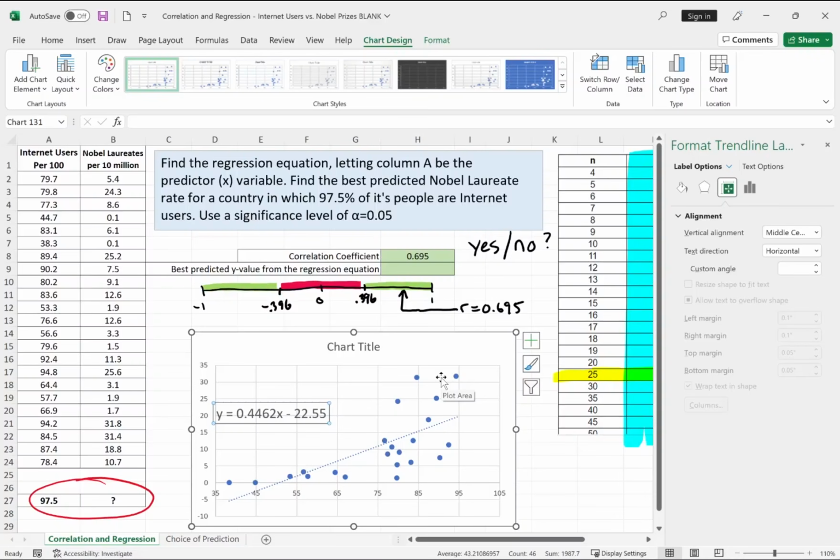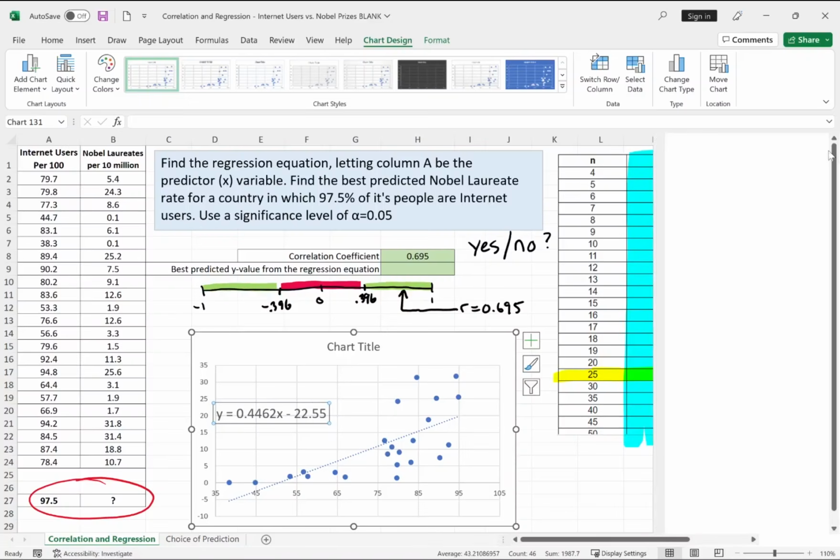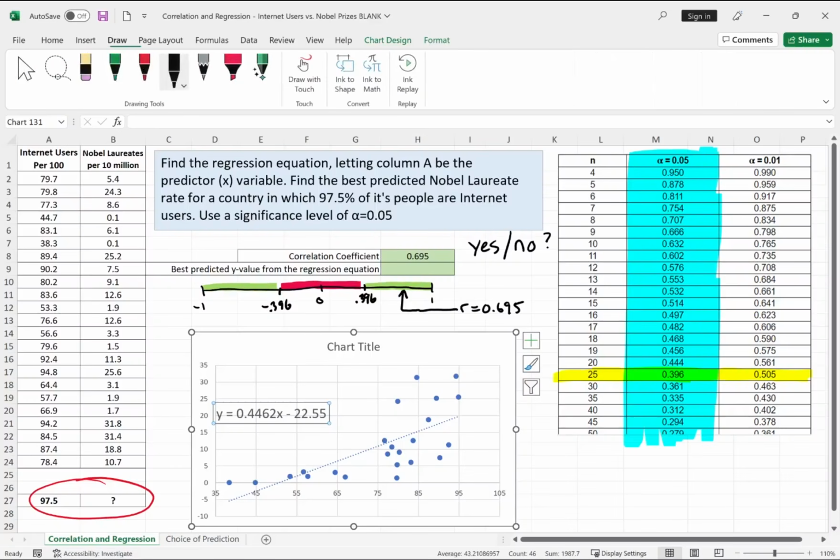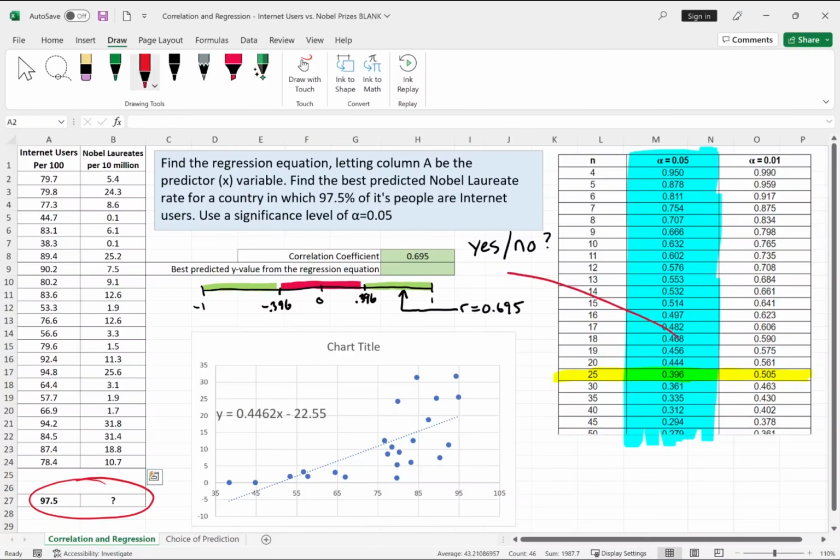So to find the best predicted y value, we can get rid of this edit screen on the right. Okay, so I'm looking right here now. Answer the question. Best predicted y value from the regression equation.